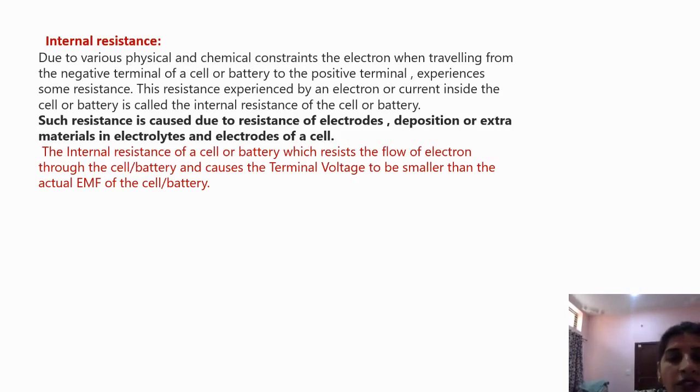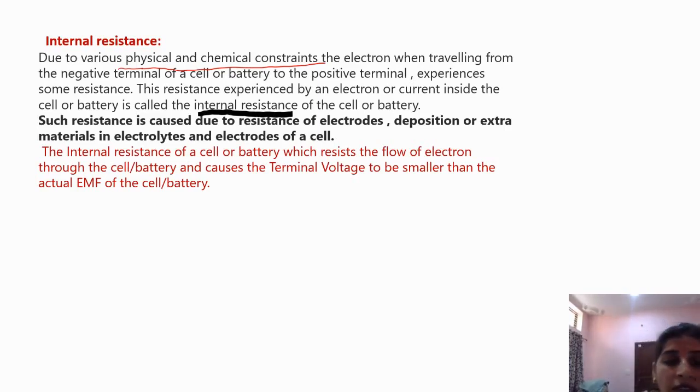That resistance which your electrons are experiencing is called the internal resistance of the cell or a battery.